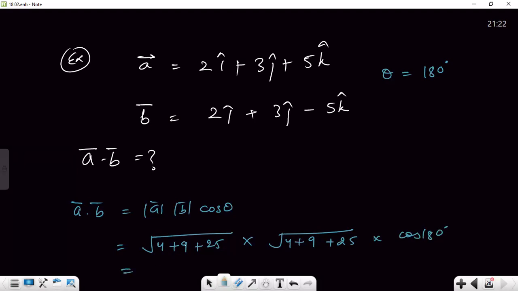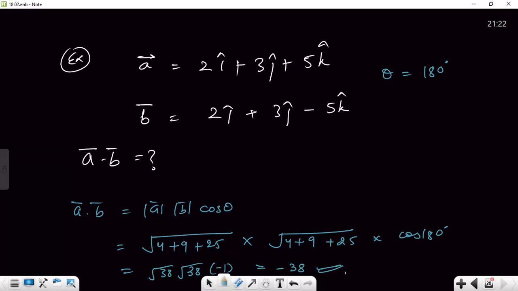So this comes out as square root of 38 times square root of 38 times cosine of 180, which is minus 1. 38 times minus 1. That becomes our scalar product, that is our answer, minus 38.